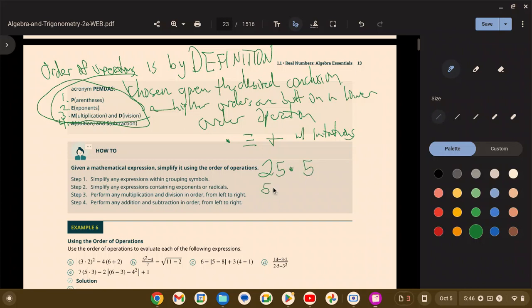Well, 5 times 5 equals 5 plus 5 plus 5 plus 5 plus 5.